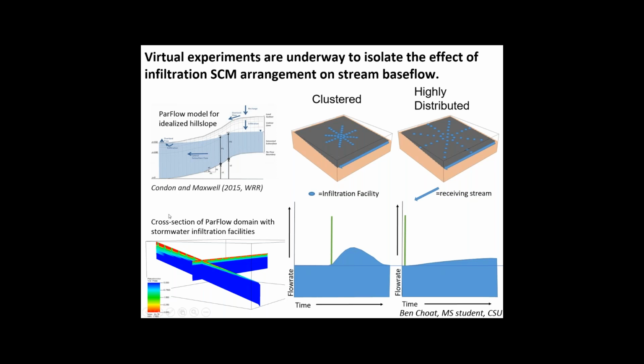Here we're seeing a cross-section looking at infiltration facilities spread out in this model domain, and looking at whether these facilities are more clustered versus distributed, can we explore and model what kinds of effects that would have, varying that one characteristic to isolate the effect of that one factor that we couldn't isolate in this particular field monitoring study, to look at what that does to stream flow and base flow.